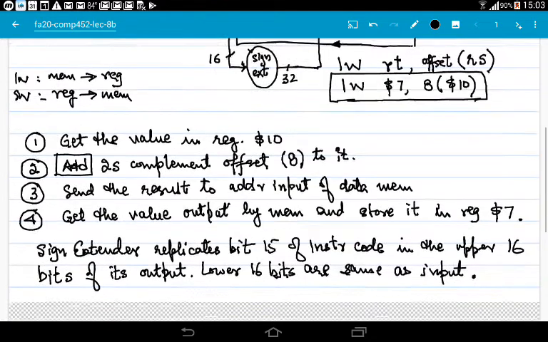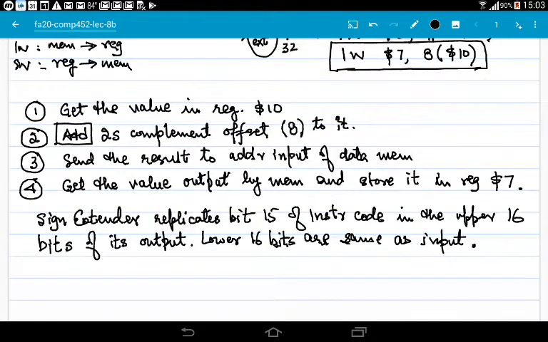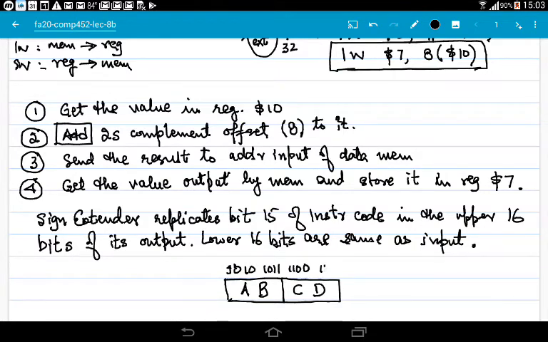This is so simple. For example, if the offset is a 2-byte number, let's say A, B, C, D. This is a 16-bit number, ABCD. Now A means 1010, B means 1011, C means 1100, D means 1101.